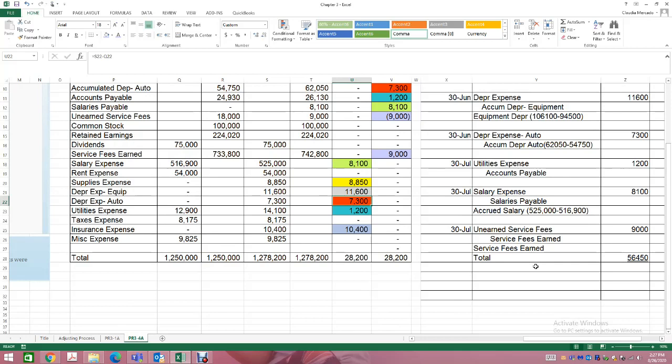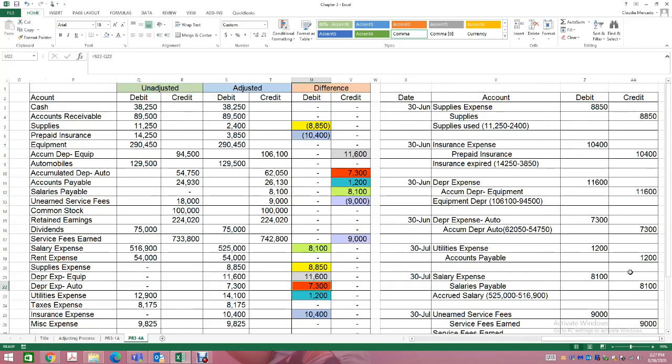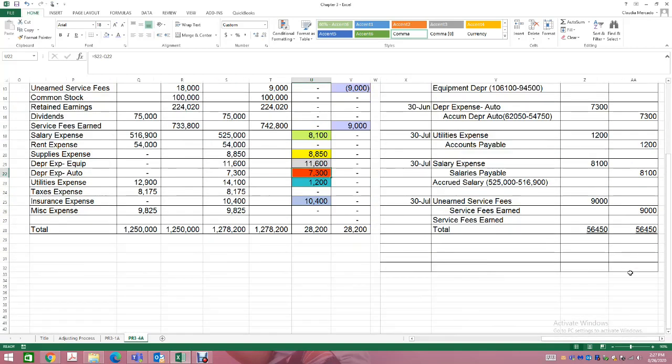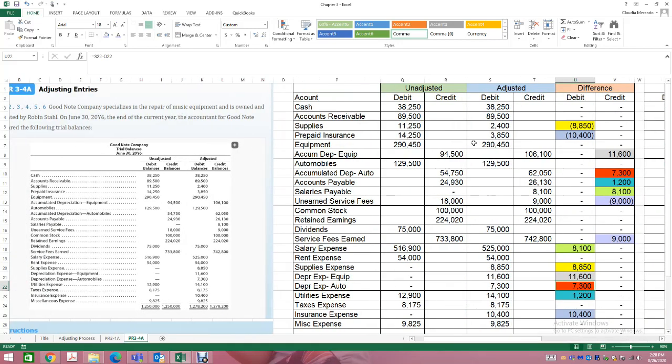These are all of the entries that need to be done. Make sure the debits equal the credits, so that all of your transactions are in balance. We don't want to move forward into doing our financial statements not being in balance. Every entry needs debits and credits to equal. All I did was transfer the information over from the problem so I can run my calculations easily, and then you just match up the numbers.